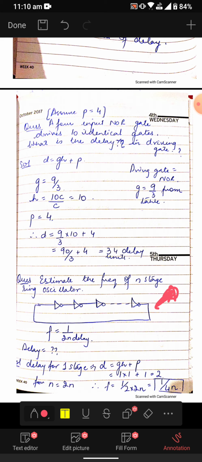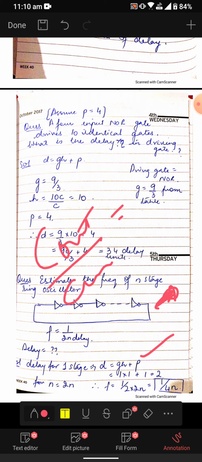So for each gate you have to calculate the delay. For one stage, it is GH plus P. You know P is equal to 1, you have to assume it equal to 1, or maybe it is also given that P is equal to 1. Then what are your G and H? H is simply C out by C in.